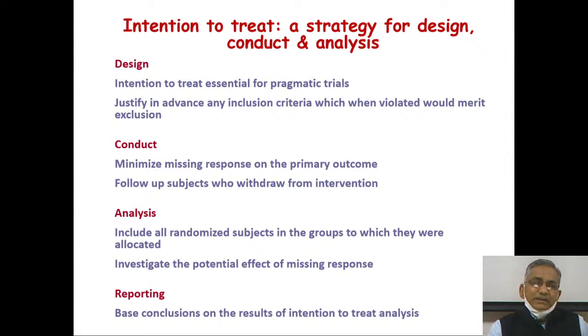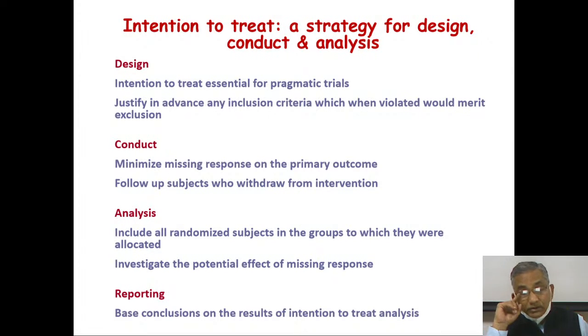The difference between intention to treat and per protocol analysis is in the denominator. In intention to treat, all participants who have been randomized will be in the denominator, regardless of whether they have remained in the study or dropped out. So dropouts are also included in the intention to treat analysis, whereas in per protocol, only those patients who have adhered to the protocol are included.